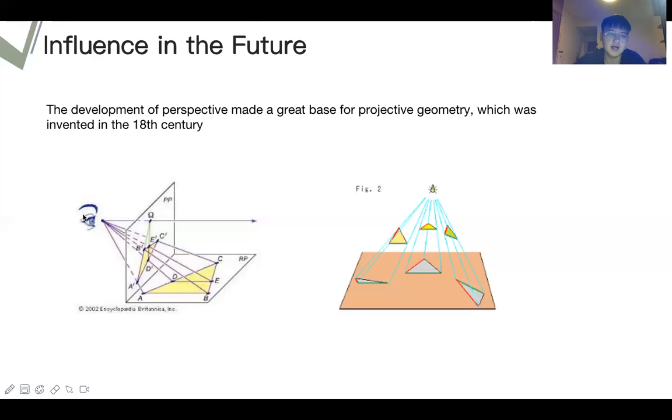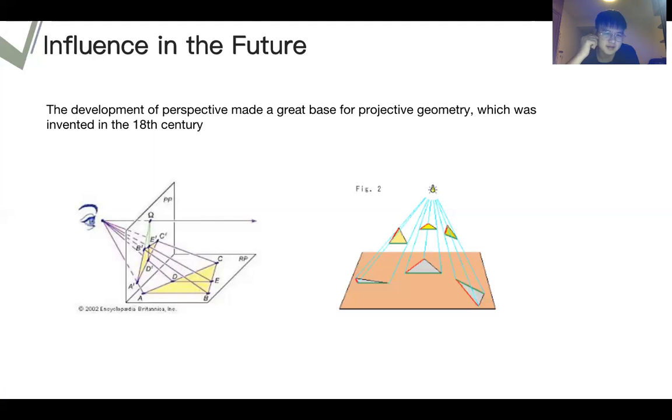If we move our eye onto the upside of the RP plane, we will get the same view as when we're looking at the PP plane from the left side of the PP plane. That is projective geometry.